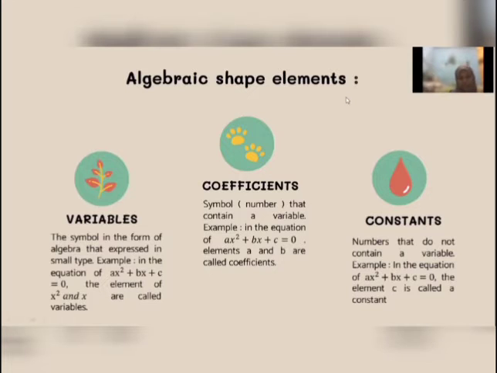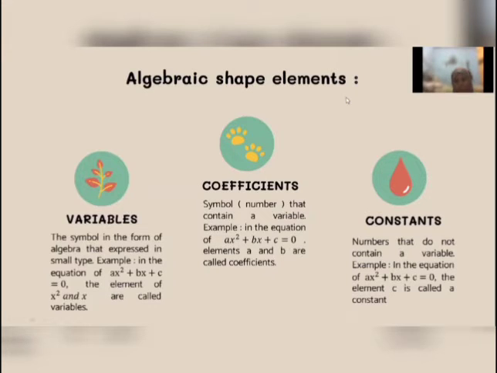Algebraic set elements. Number 1, variables. Variables are symbols in the form of algebra that express an unknown value. Example, in the equation ax to the power of 2 plus bx plus c equals 0, the elements x to the power of 2 and x are called variables.